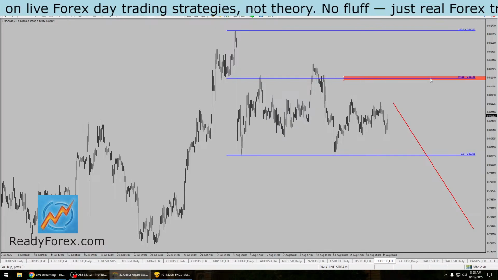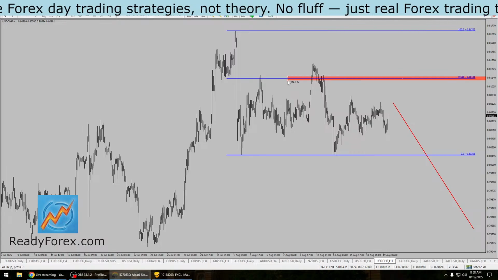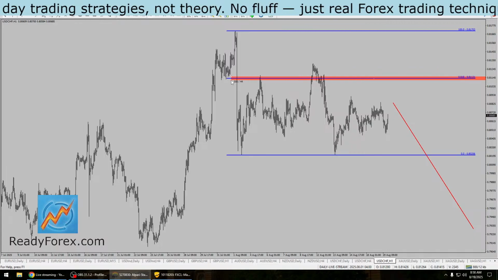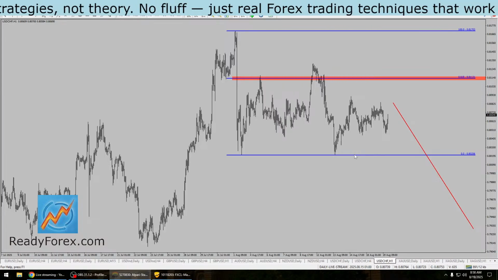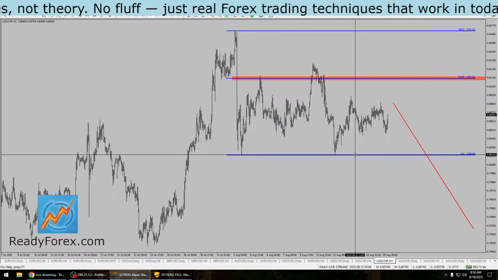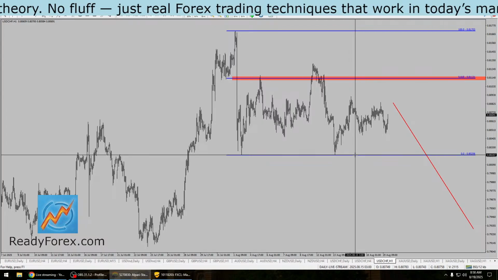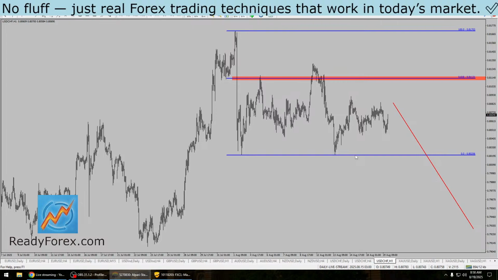So regarding the US dollar Swiss franc, my forecast is bearish and I expect further weakness in price action, but wait for the price action to first break below the 0.8020 area down over here.